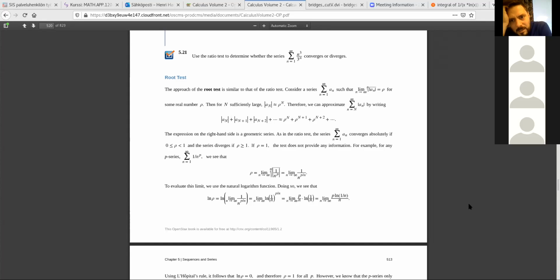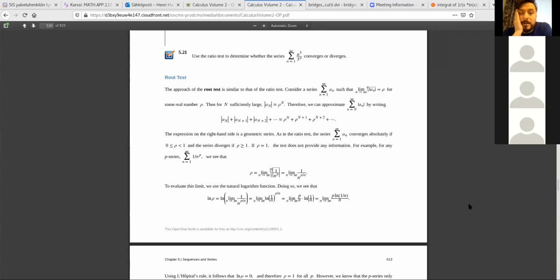You can think of this as 1 over n to the power of something, but it's a little bit trickier than that. So the idea here is that we take the limit of the nth root of the nth term.